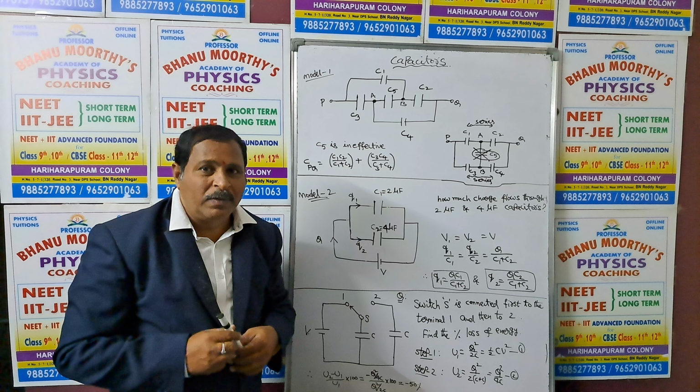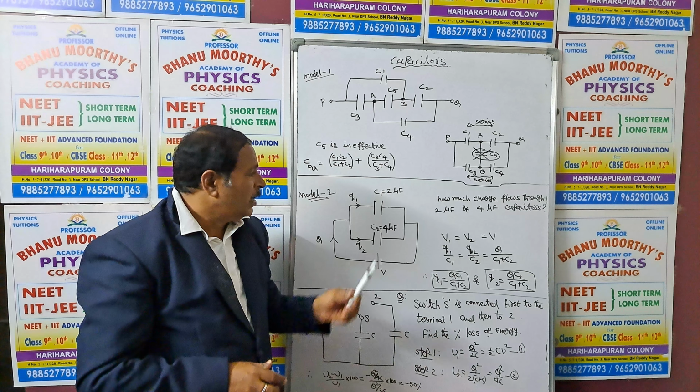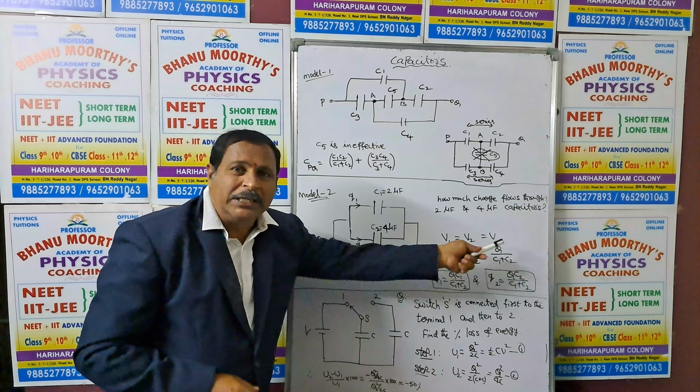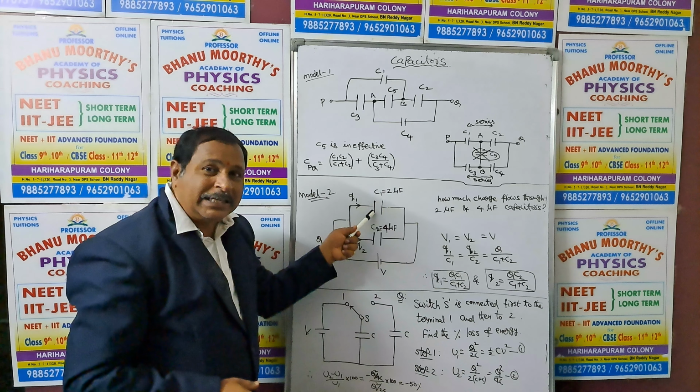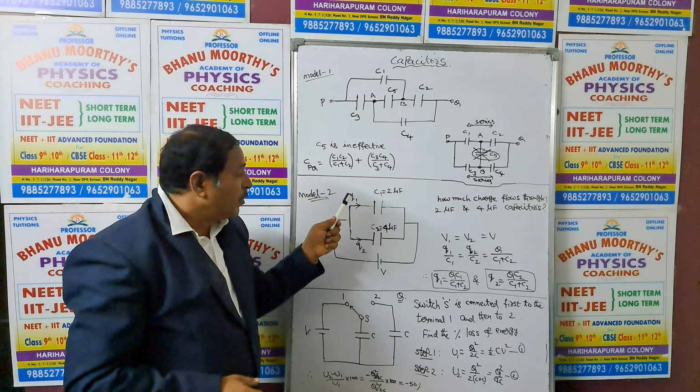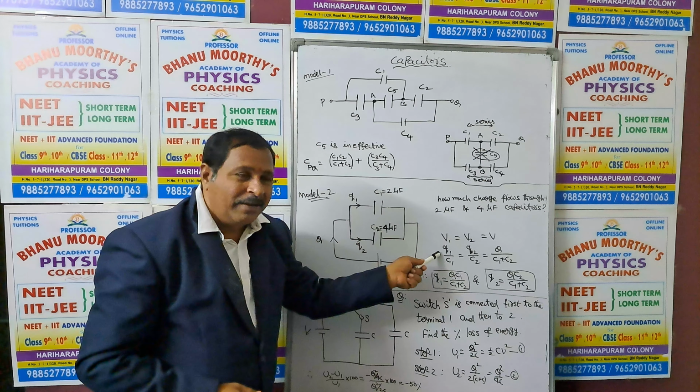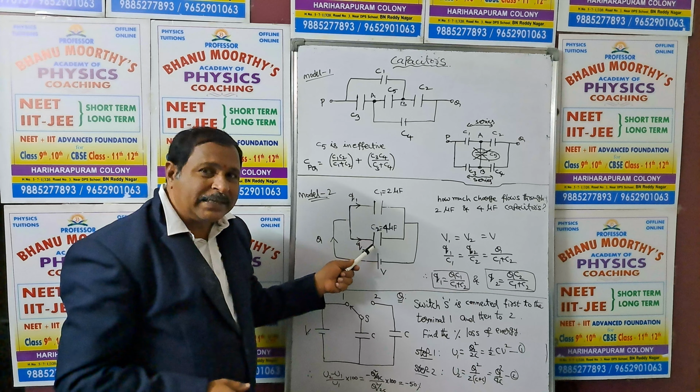What is the clue here? Since they are in parallel, potentials are equal. The potential of this capacitor is Q1 by C1. The potential difference between the two terminals of the other capacitor is Q2 by C2. So we are equating the potentials.